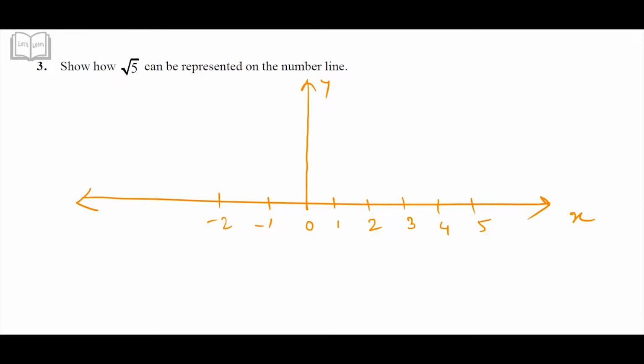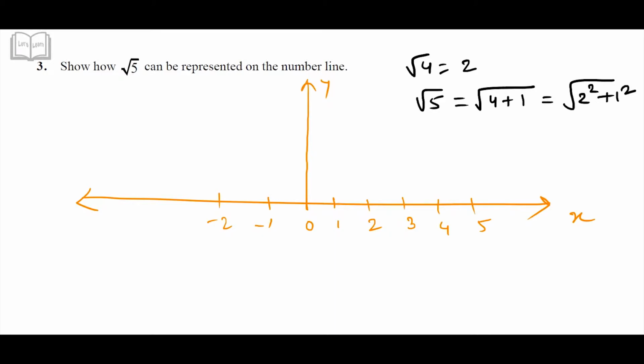Now let us do some calculation. We can write root 4 is 2, that we all know. Root 5 is root over 4 plus 1, which is equal to root over 2 square plus 1 square. I think you have guessed which way I am going.